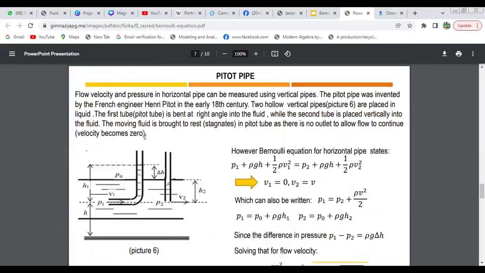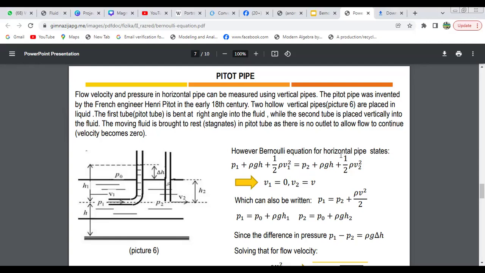So this is another example, the Pitot pipe. This example was given by Henry Pitot in the 18th century. Flow velocity and pressure in a horizontal pipe can be measured using vertical pipes. So these are the vertical pipes, and this is another pipe.